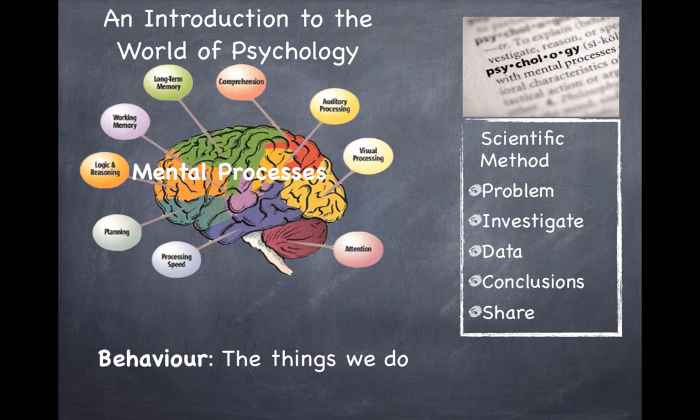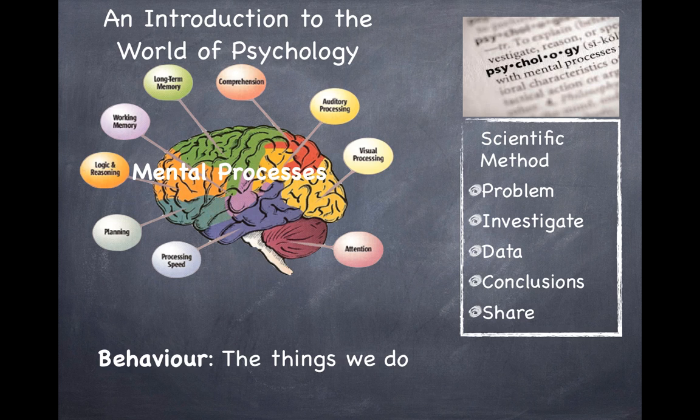When we think about psychology, by definition, psychology is the scientific study of behavior and mental processes. It's a scientific study, so it has a methodology to it, and the method it uses is called the scientific method. It's orderly, systematic, and procedural, and they follow a basic guideline.